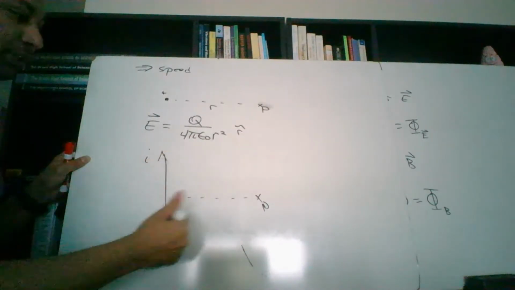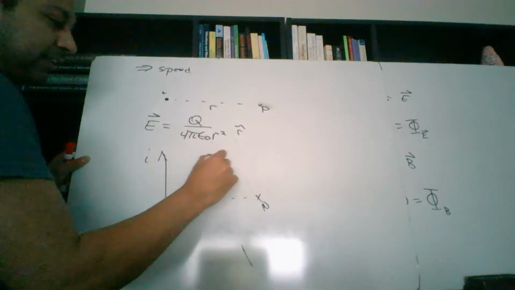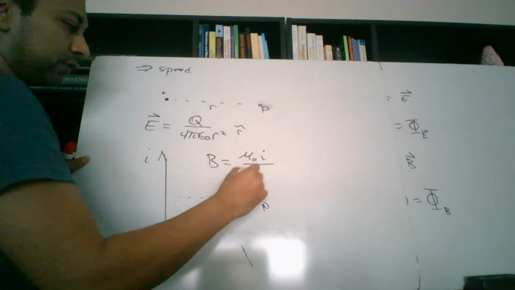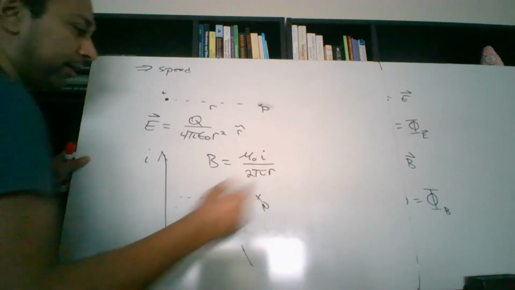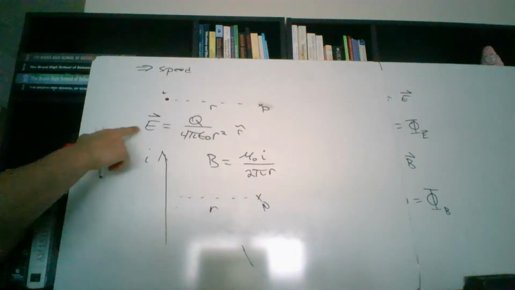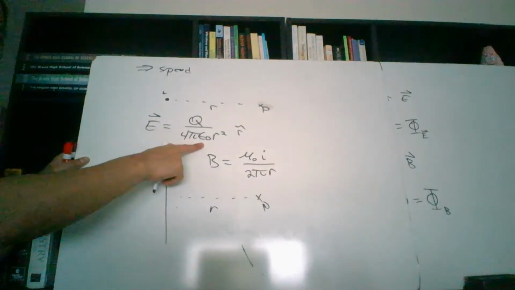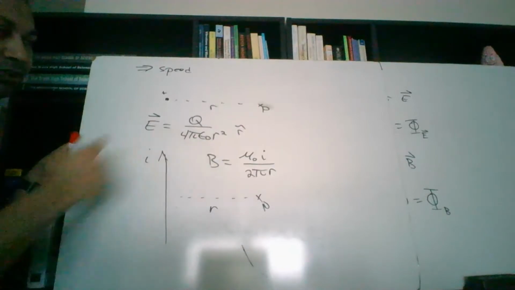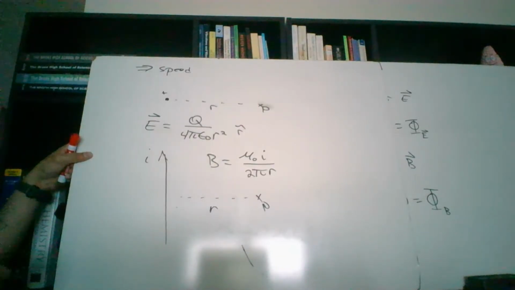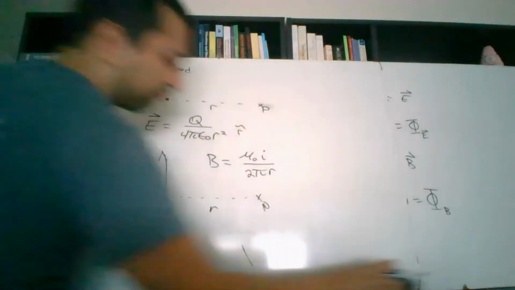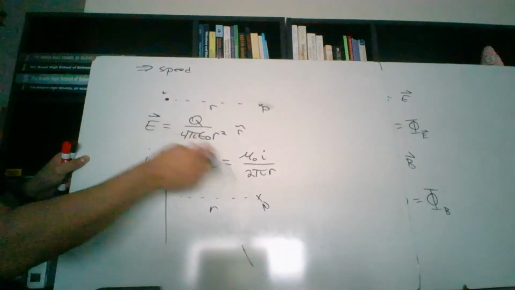Then we can use Ampere's Law, and we can say that the magnetic field is equal to mu naught times I over 2 pi times r, where this distance is also r. So the electric field gives you the permittivity of free space, and the magnetic field will generate the permeability of free space.